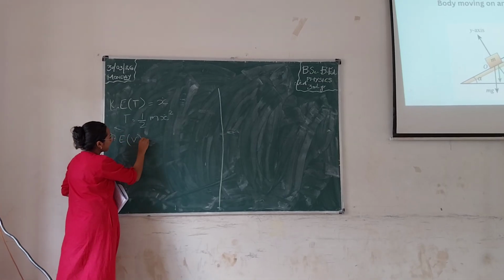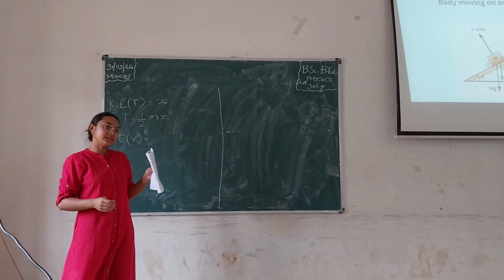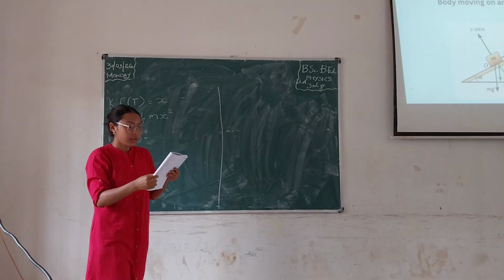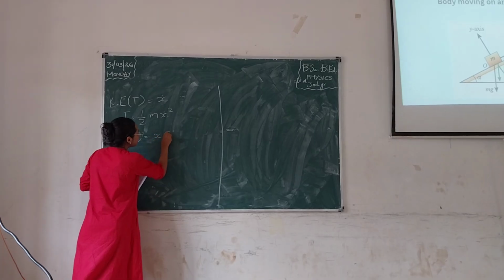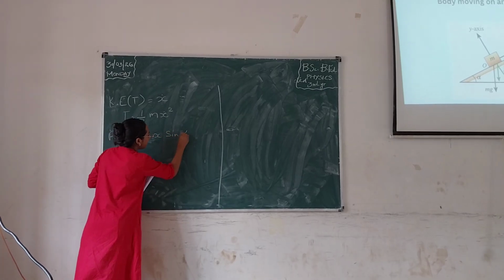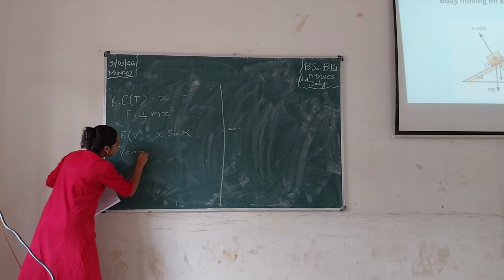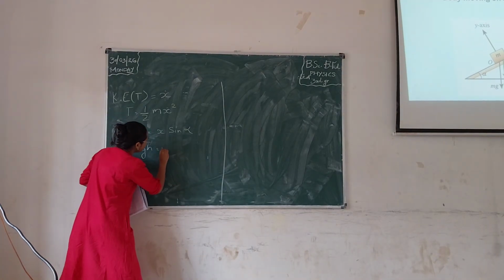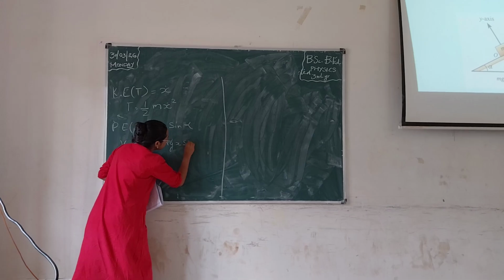V, here the gravity acts vertically. If x is the distance along the slope, its vertical height should be x sine alpha. So V is equal to mgh. Here h is equal to x sine alpha, so V is equal to mg x sine alpha.